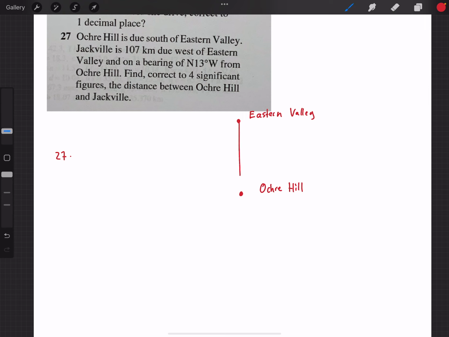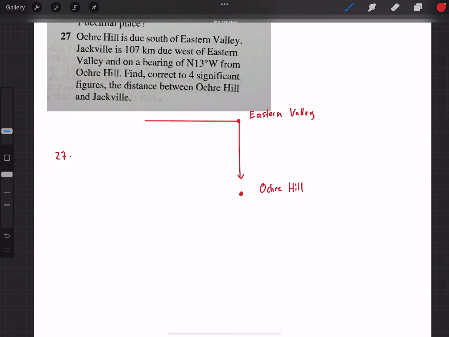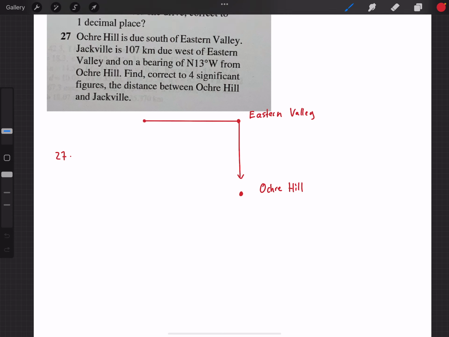So Oka Hill is directly south of Eastern Valley. Jacksville is 107 kilometers due west of Eastern Valley. So due west. Okay, so that means on the west side of Eastern Valley, you got Jacksville, and it's 107 kilometers.